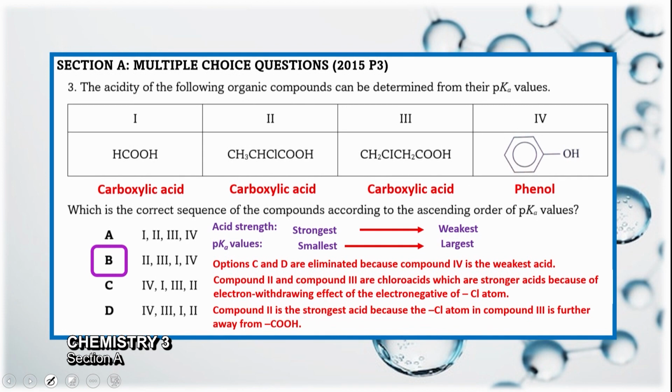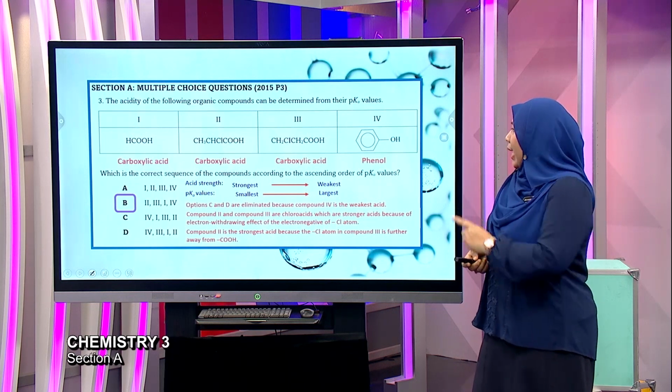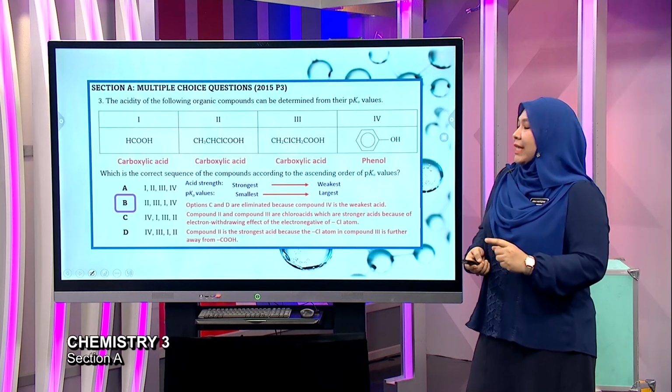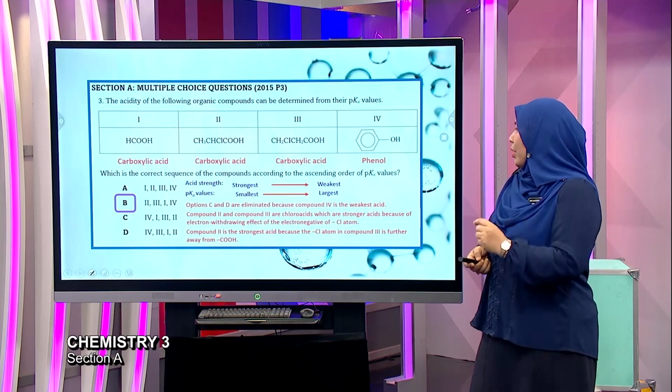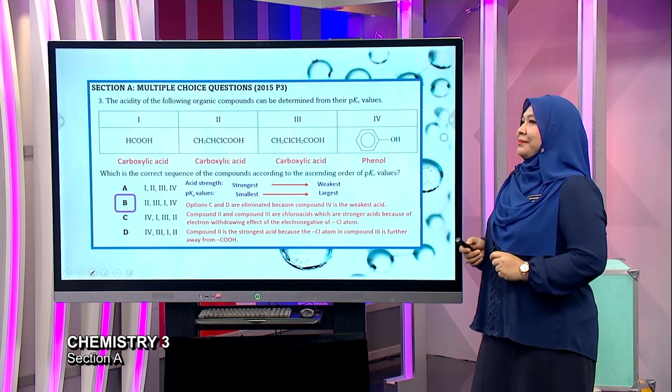Compound 2 and compound 3 are chloroacids, which are stronger acids because of the electron withdrawing effect of the chlorine atom. Electron withdrawing effect here is also known as inductive effect. And the last one, compound 2 is the strongest acid because the chlorine atom in compound 3 is further away from the carboxyl. So the correct sequence is option B, 2, 3, 1 and 4.